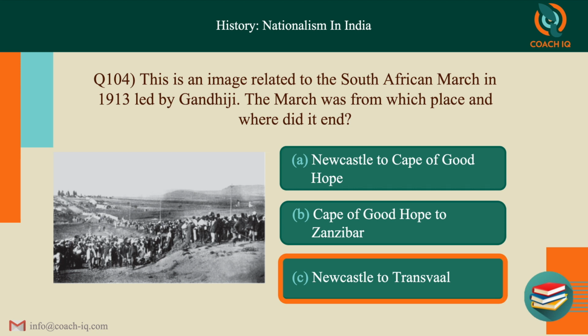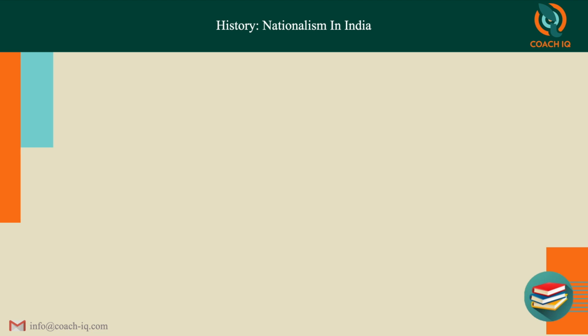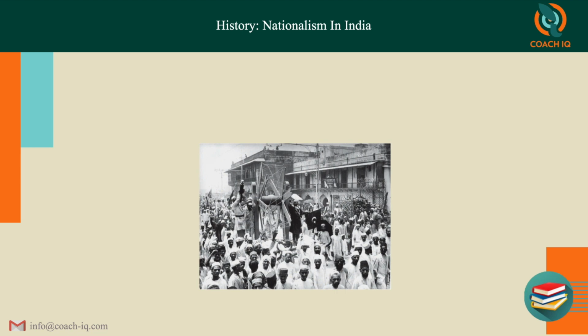So in these image MCQs, you have to know which lesson the image is related to, and secondly, please read whatever is given in the square box next to the image, because very often they may not give you those details.